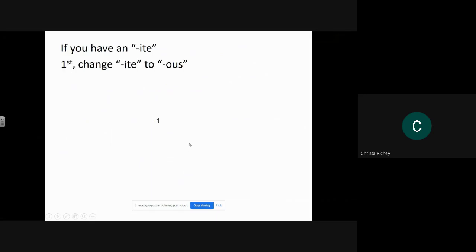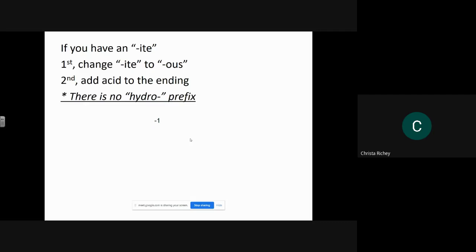When you have an ite, this is fewer, or just look on the polyatomic ion chart, put it on the other side of the assignment. Change ite to ous. There are no prefixes, but you do need to include acid behind your anion that you've changed. Okay, so this is going to be the example that I'm going to use.